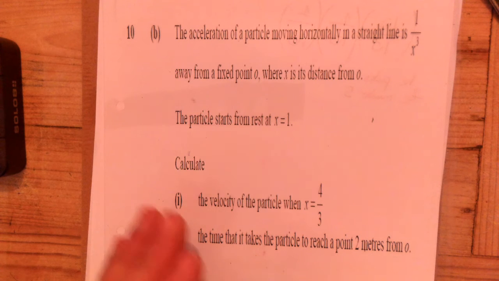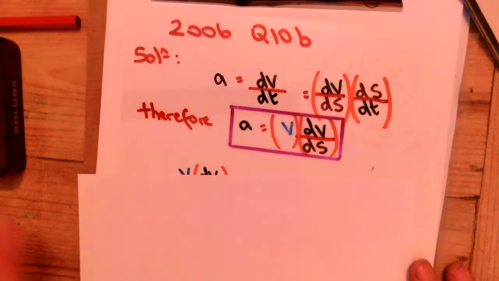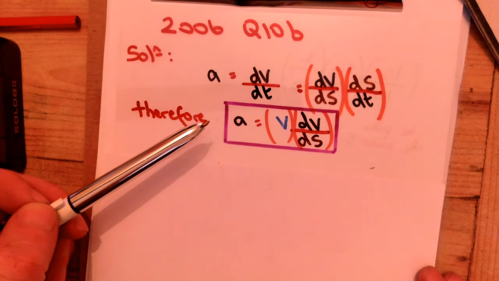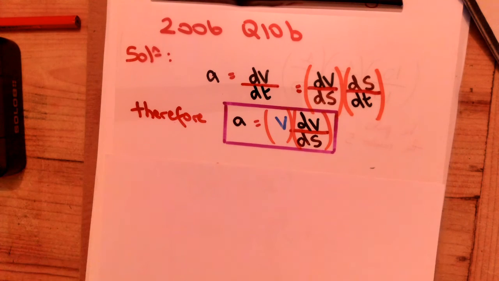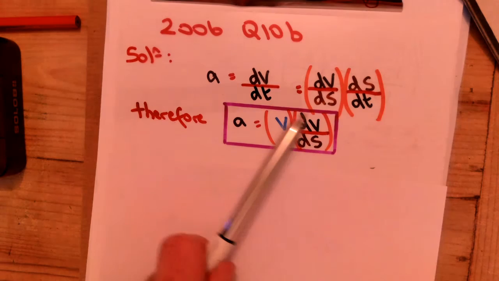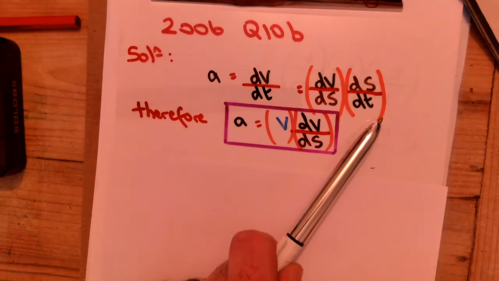Let's have a look at it and see. Linking back into the question at all times, applying this, there's your velocity, the change in distance with respect to time.